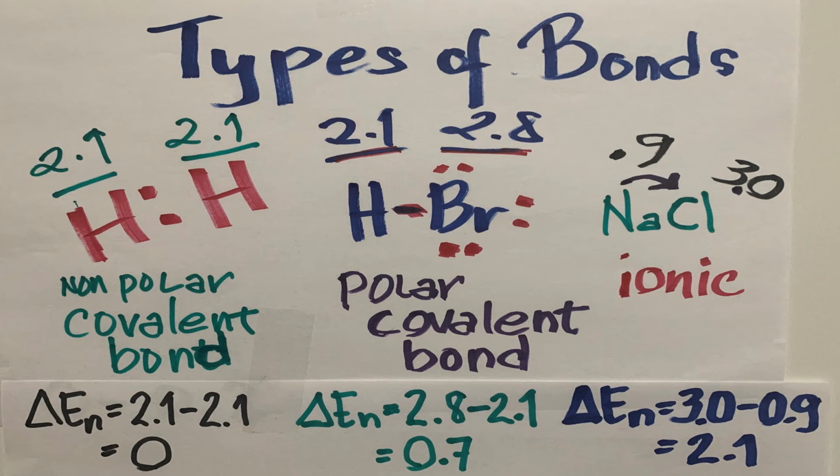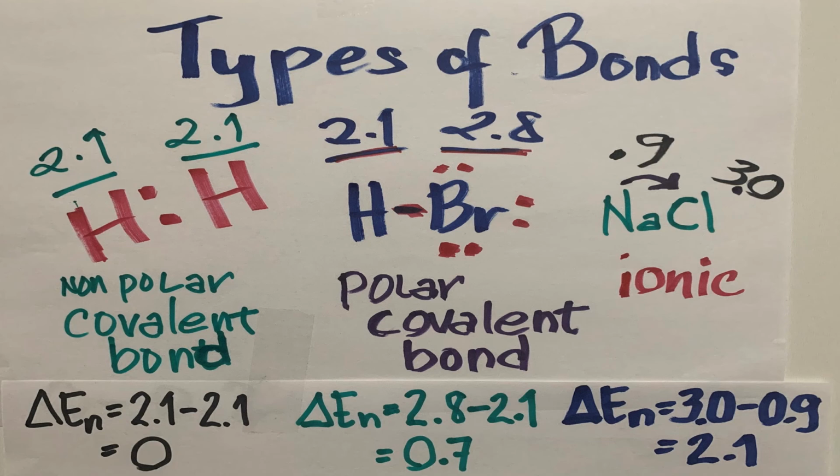This one, between hydrogen and bromine, hydrogen bromide or hydrobromic acid, is a polar covalent bond because the electronegativity is 2.8 for bromine and 2.1 for hydrogen, and when you subtract, you get 0.7, and it falls under the range of polar covalent bond.